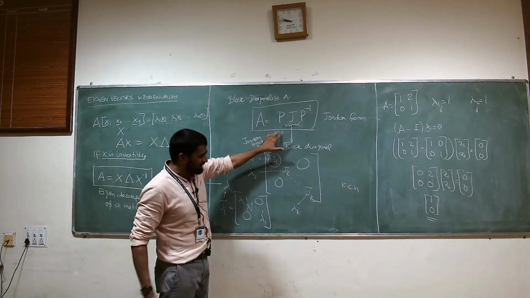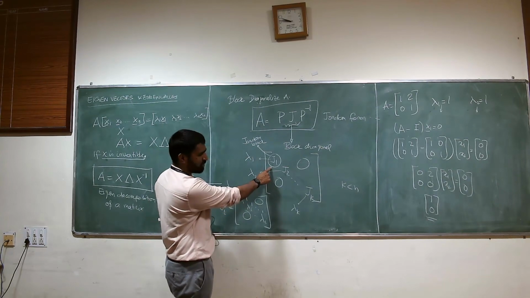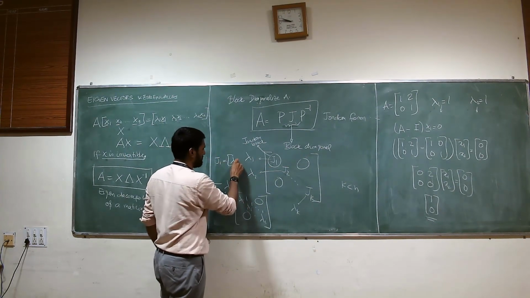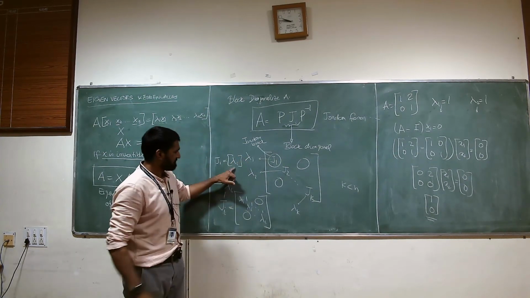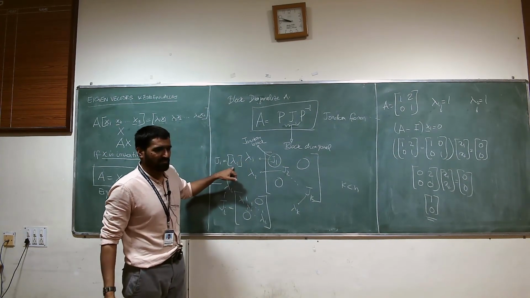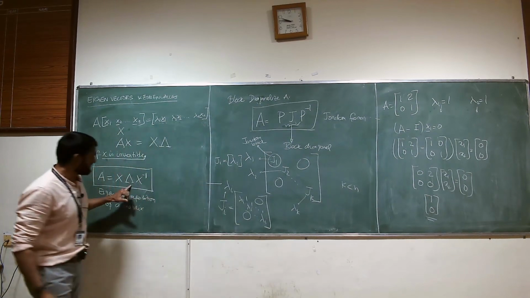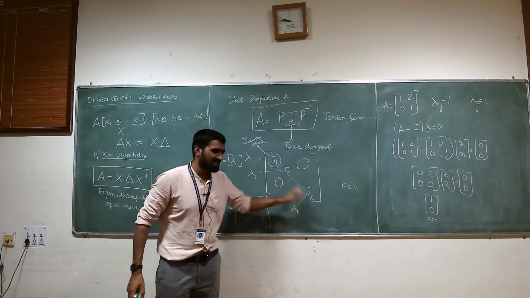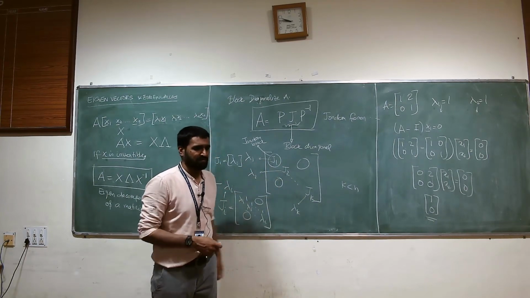And this is still true. It's just that your Jordan block now becomes a matrix like this. So you can think of a diagonal matrix like this as a Jordan form where each of these entries is an individual scalar.